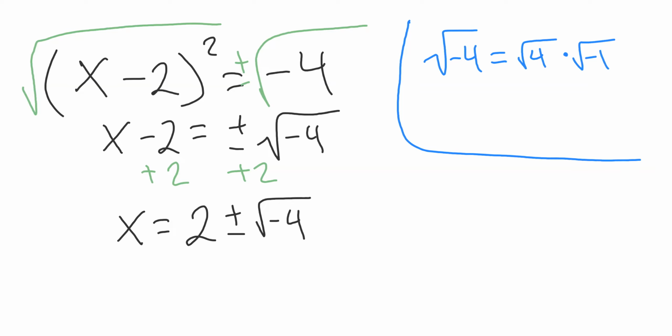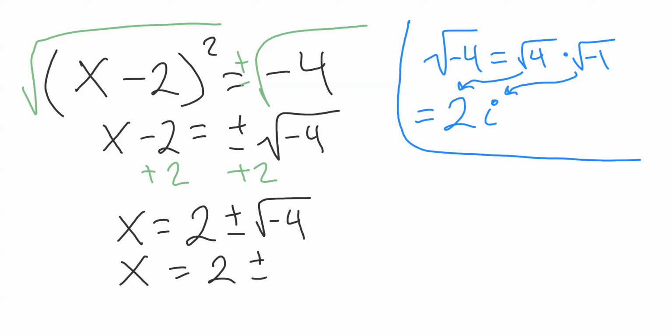And then we can rewrite that: the square root of 4 is just 2, and the square root of -1, we like to write as i. So our square root of -4 is going to become a 2i. So our answer is that x equals 2 plus or minus 2i.